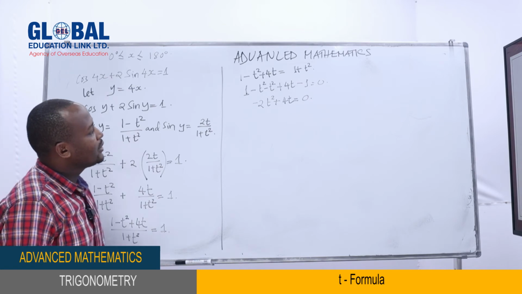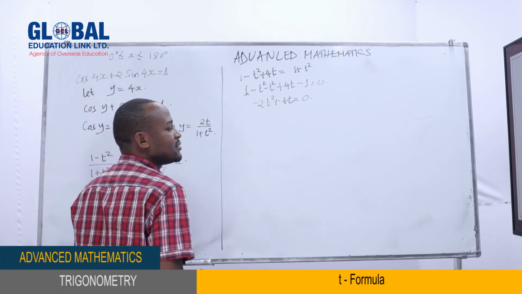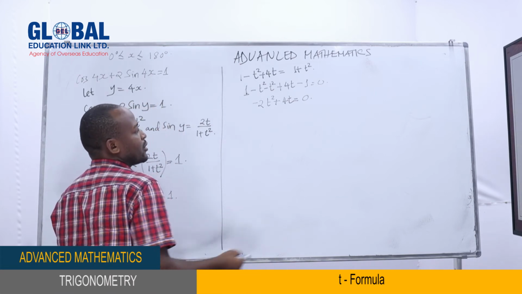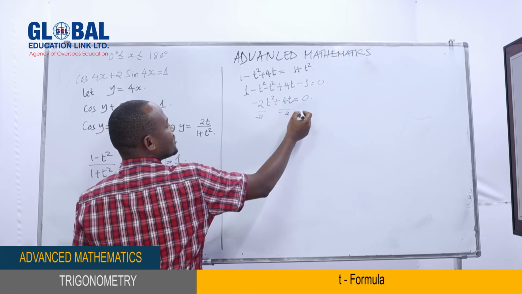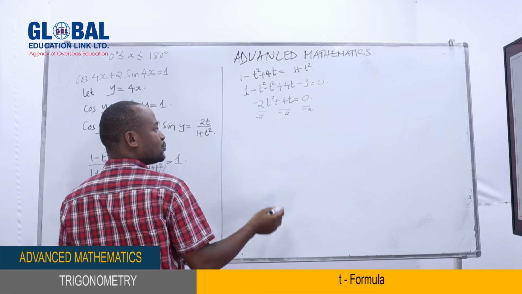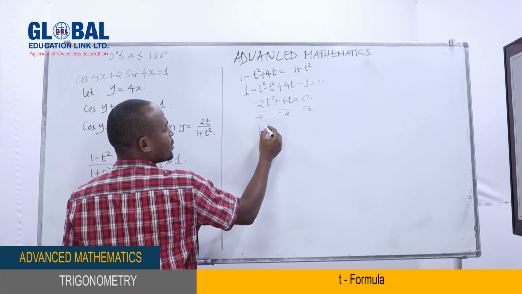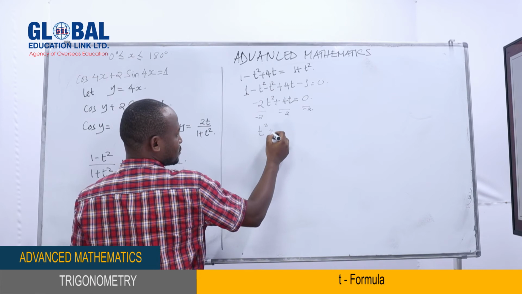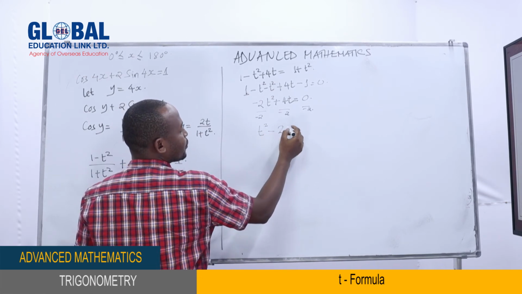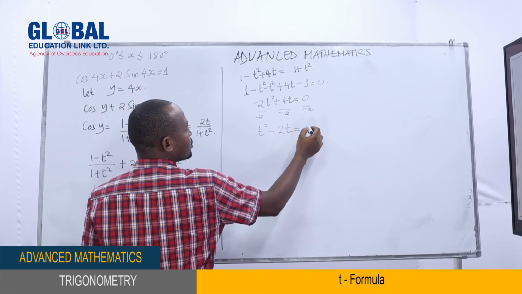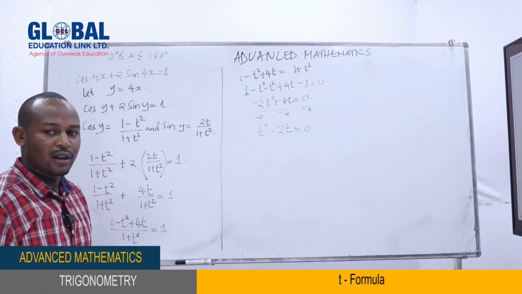And how can we go from there? As you can see, we can simplify by dividing by negative 2 throughout. We are going to be left with t² - 2t = 0, and that is a quadratic equation.